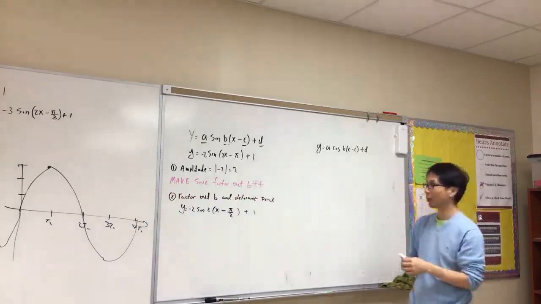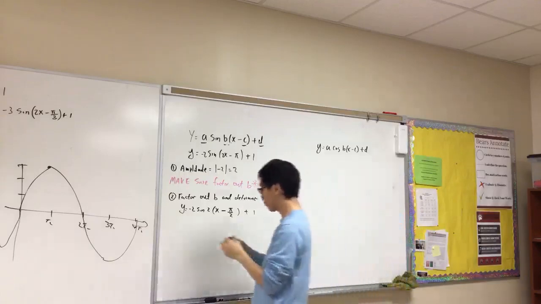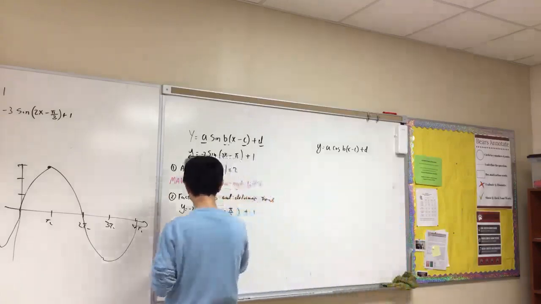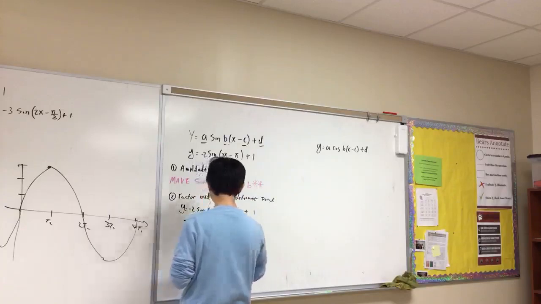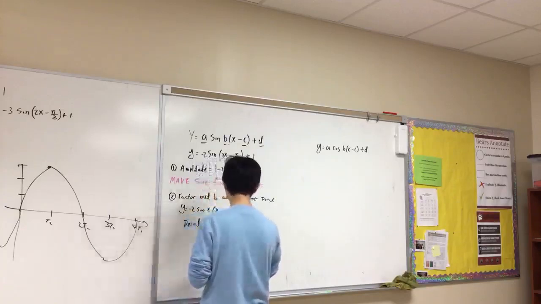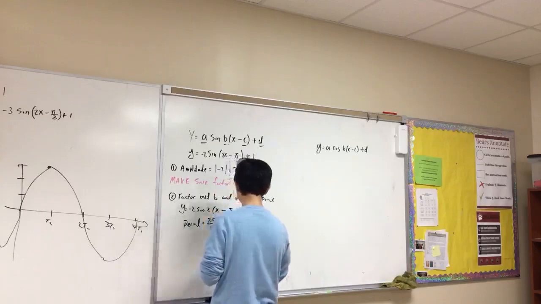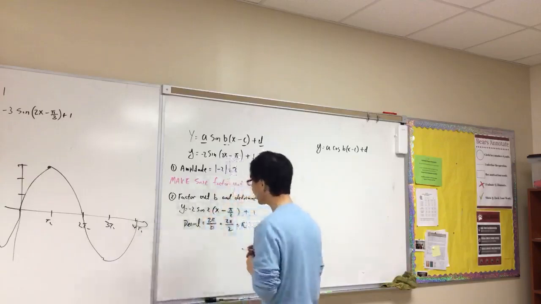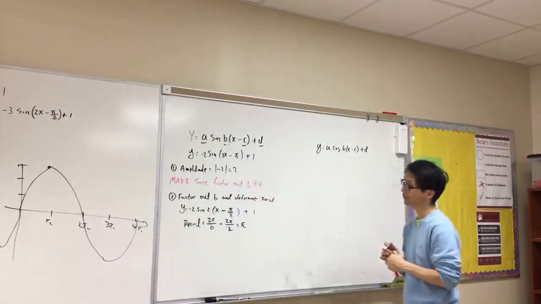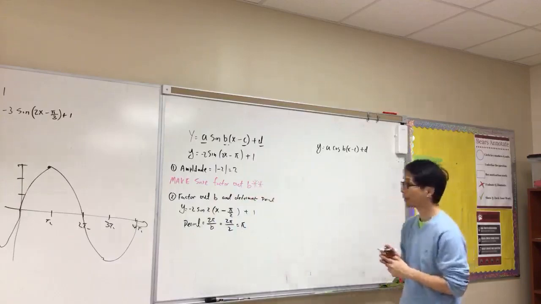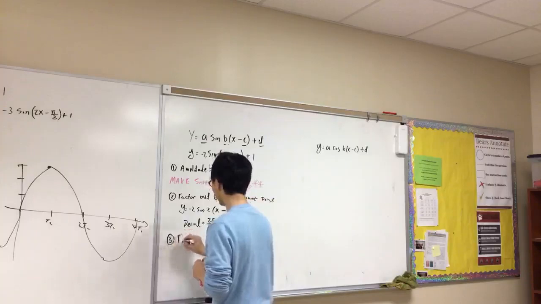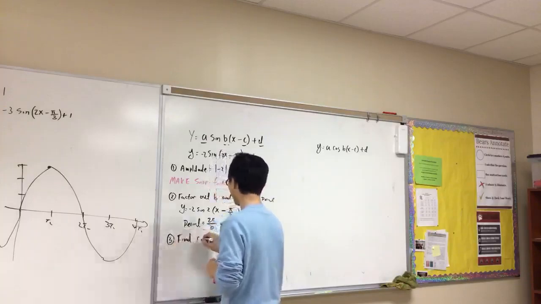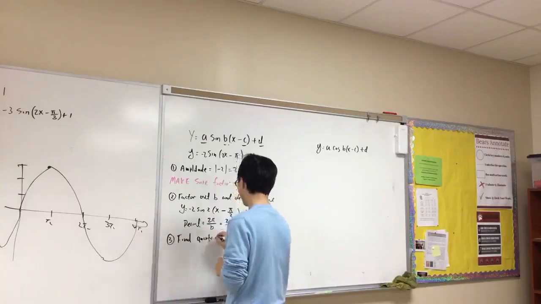Now we have to figure out the period. What is my period here? Period is always 2 pi over B, right? So 2 pi over 2, which is pi. Now third, I'm going to figure out the quarter period. Find the quarter period.